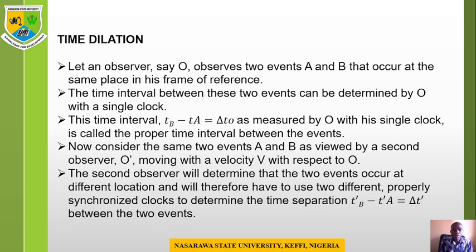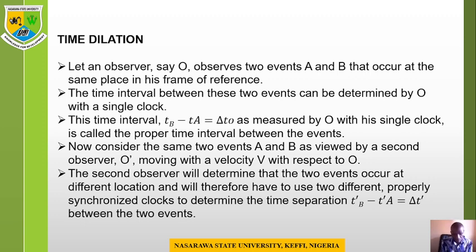The time interval between these two events can be determined by O with a single clock. This time interval, t_b minus t_a, equals change in t naught, as measured by O with his single clock, and is called the proper time interval between the events.